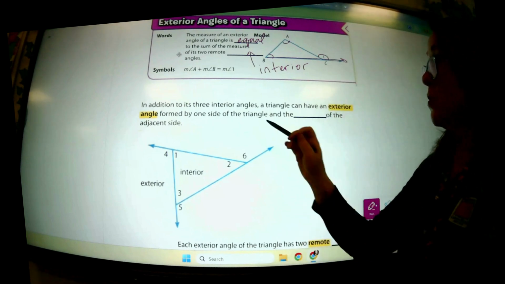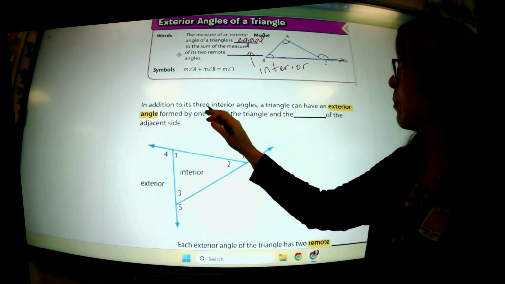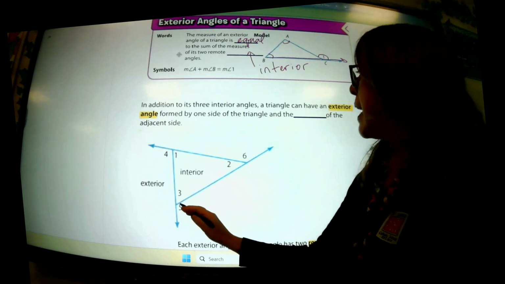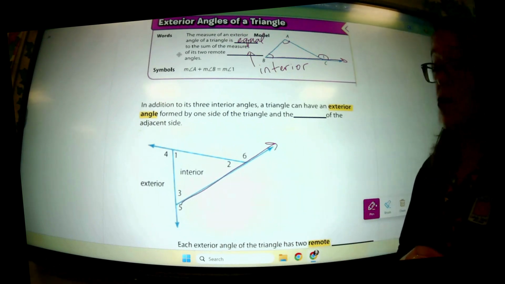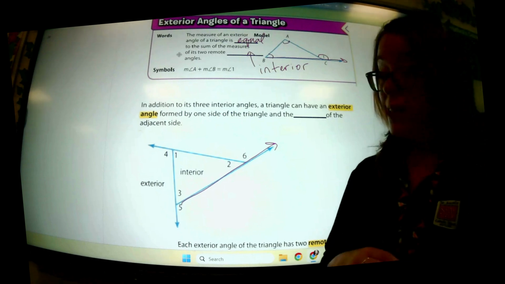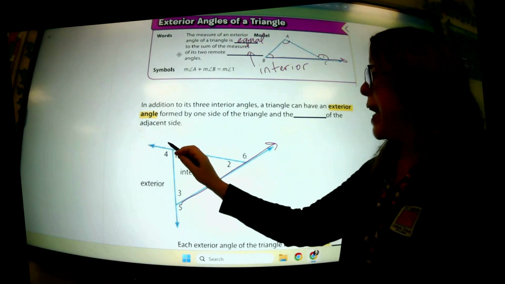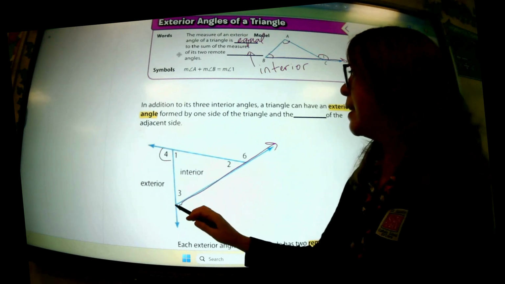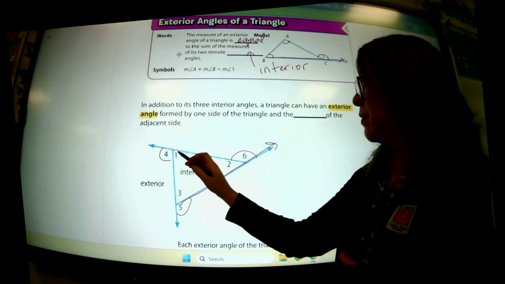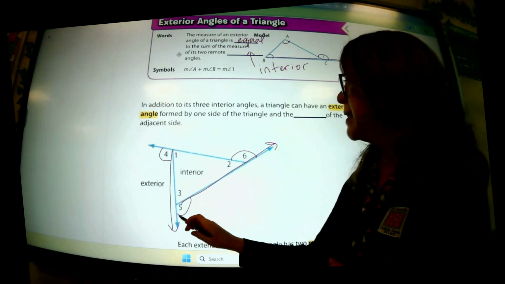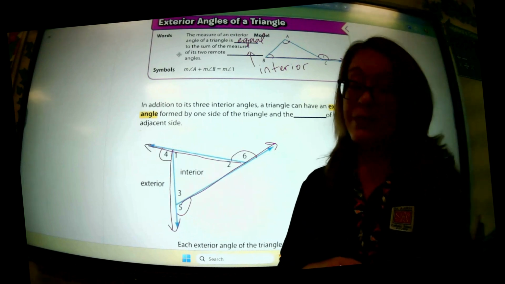In addition to its three interior angles, a triangle can have an exterior angle formed by one side of the triangle and the extension of the adjacent side. So every triangle has three exterior angles, okay, that are formed by continuing to extend that side.